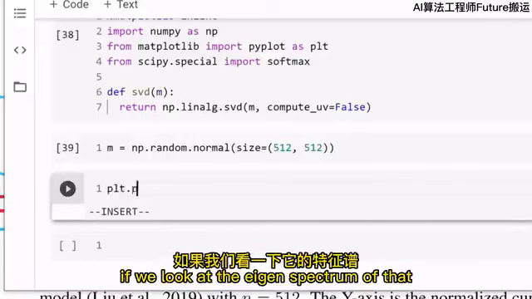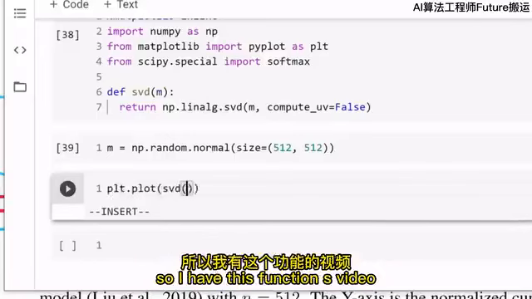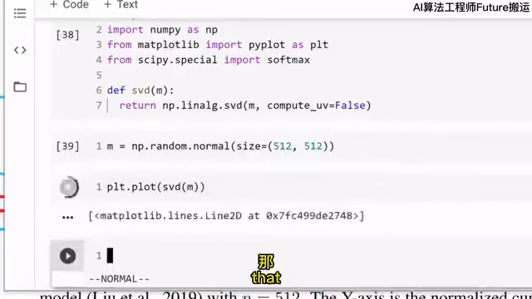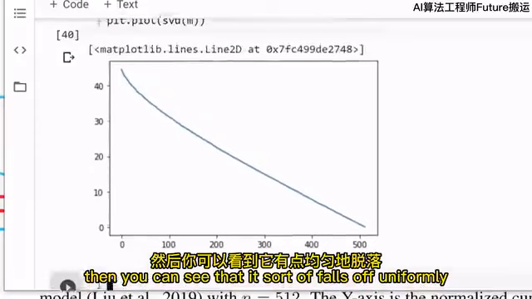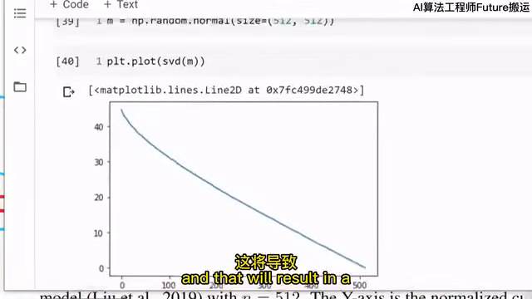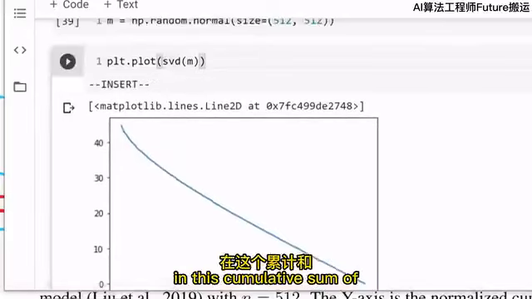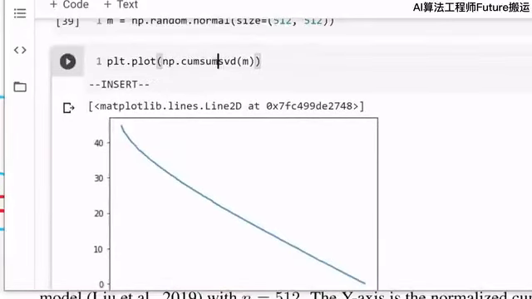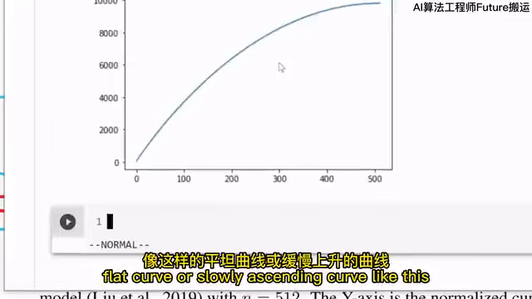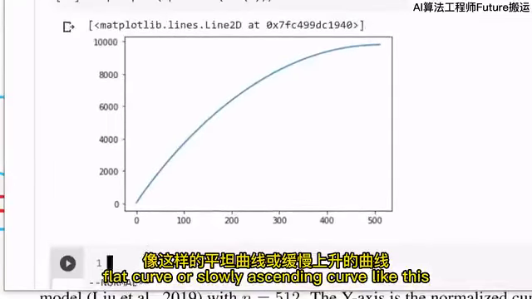If we look at the eigenspectrum of that, so I have this function SVD that simply gives me the eigenspectrum of that, then you can see that it falls off uniformly, and that will result in this cumulative sum of a pretty much flat curve or slowly ascending curve like this.